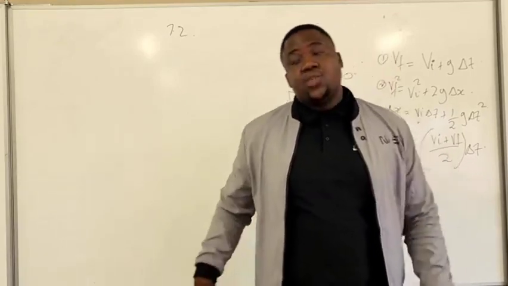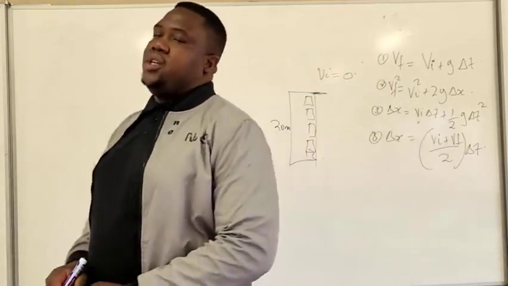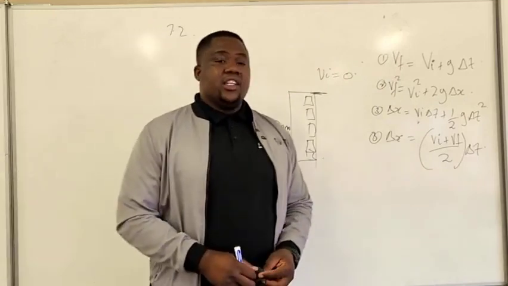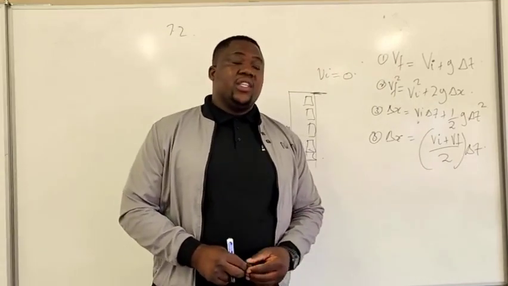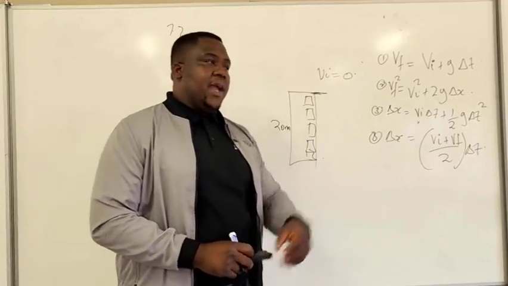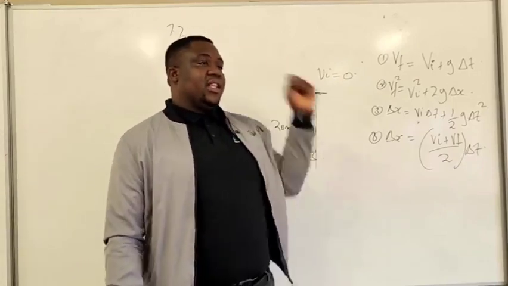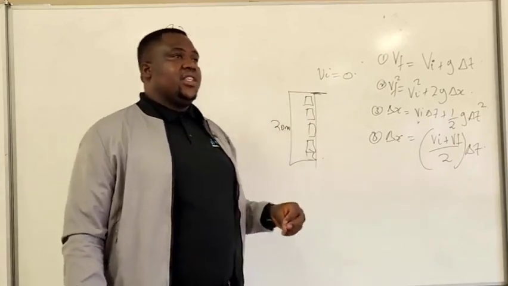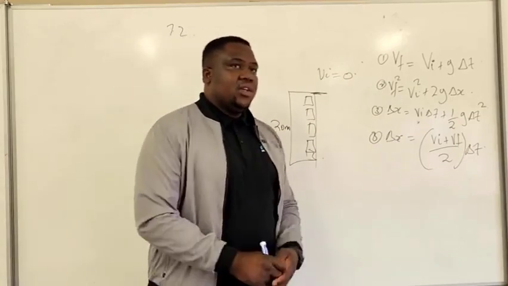The question wants us to calculate the speed at which the ball is going to hit the ground, and that speed is the final velocity. Remember, initial velocity means the starting velocity. Final velocity means the ending velocity. Okay.